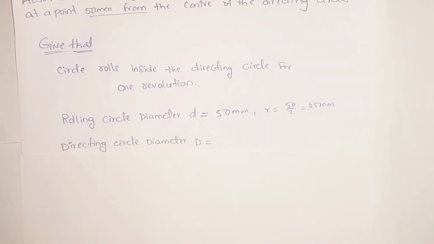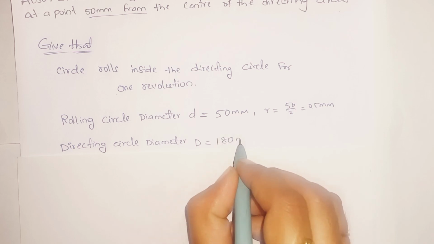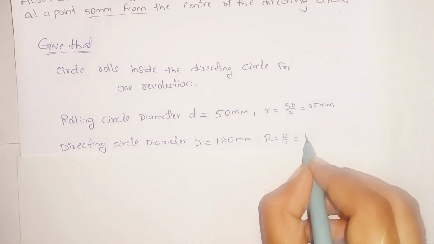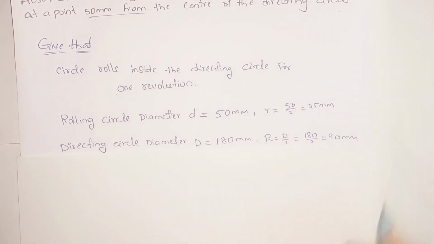Third, directing circle diameter capital D is equal to 180 mm, and capital R is equal to D by 2, that is 180 by 2, which is 90 mm.